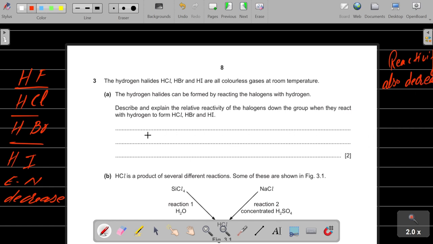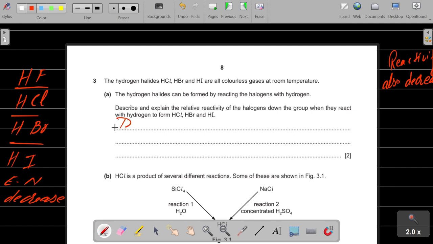Describe the relative reactivity of halogens down the group when they react with hydrogen to form HCl. Down the group, reactivity decreases. And what's the reason? Their electronegativity also decreases.